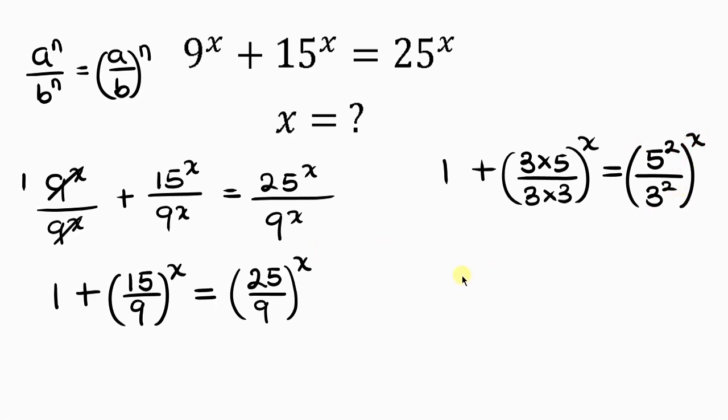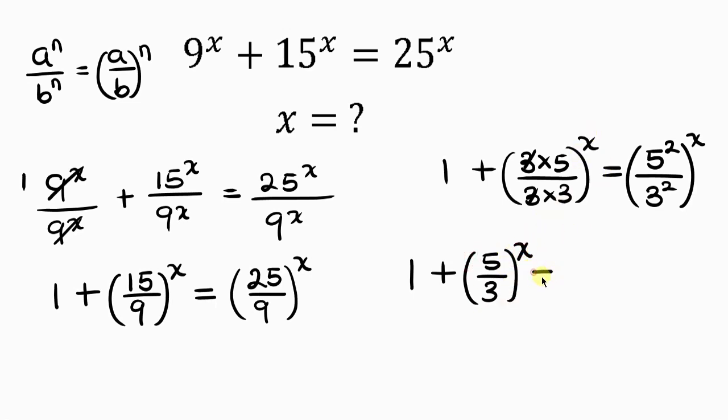Very good. Now notice that 3 can cancel out 3, so that we have 1 plus, what I have here is now 5 over 3, and this is raised to the x.